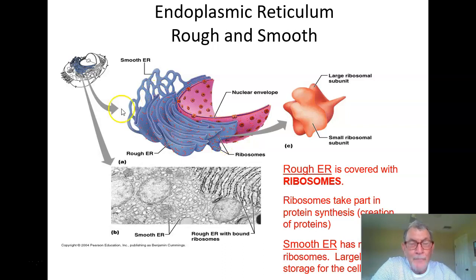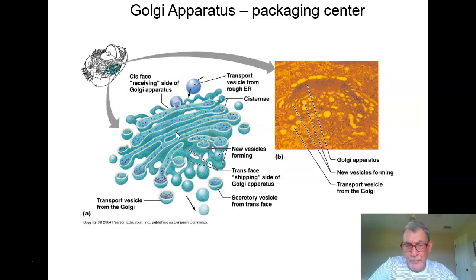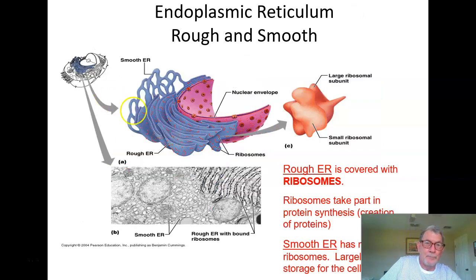So the rough endoplasmic reticulum is primarily part of your protein synthesis. You have a smooth endoplasmic reticulum that doesn't have any ribosomes on it, and that helps you create and package some things. It also helps you digest some fats. There are various things that the smooth ER can do.